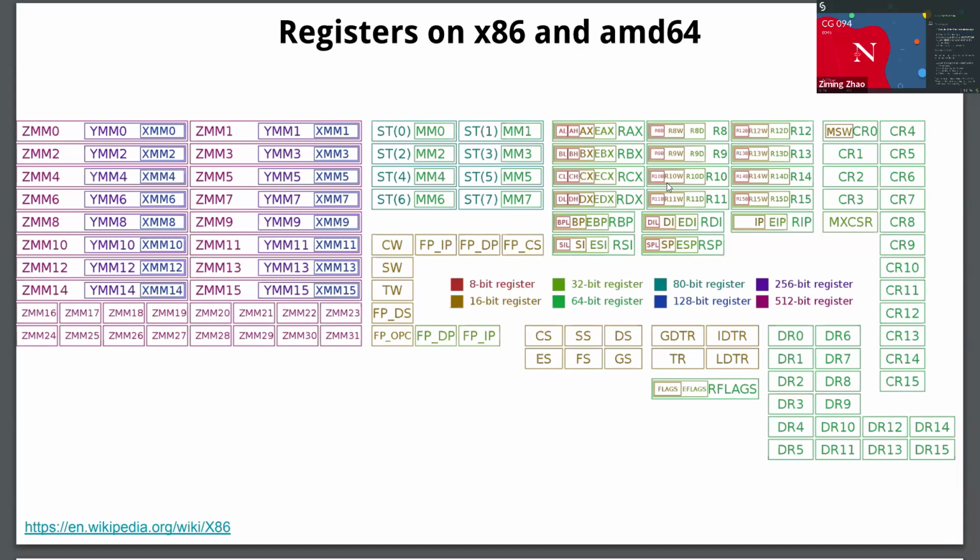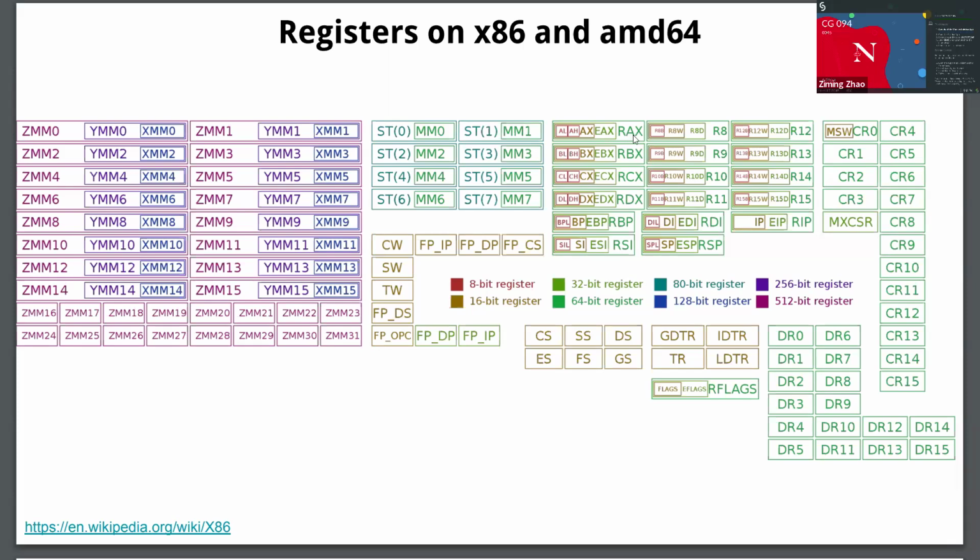Then in 64-bit, those registers are getting bigger. Now we have 64-bit registers, RAX, RBX, RCX, those are 64-bit. The lower 4 bytes is still called EAX, so compatible with the older CPUs, but they're bigger.